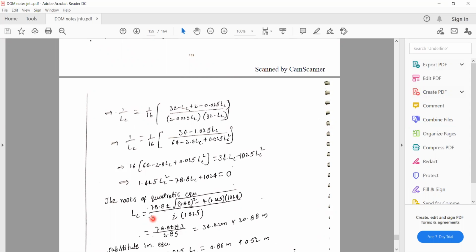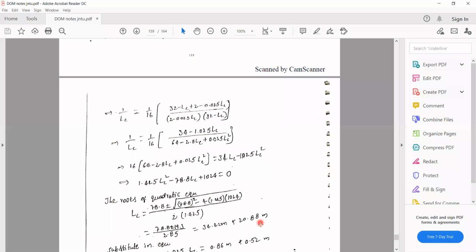Minus b is minus of minus 78.8, so plus 78.8, plus or minus square root of 78.8 squared minus 4 into 1.425 into 1024, by 2 into 1.425. From that, the values arrived are 34.4 when we take the positive, and 20.80 when we take the negative.